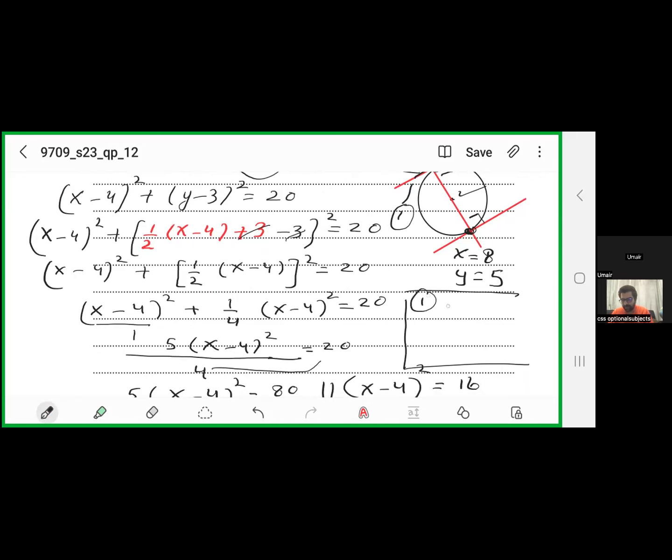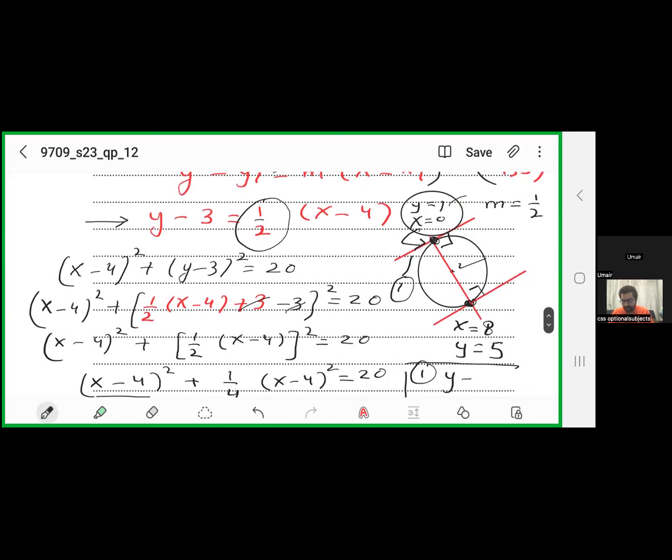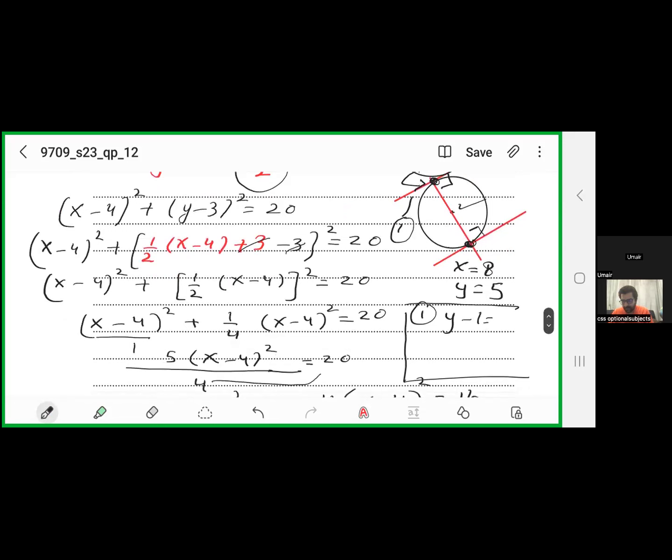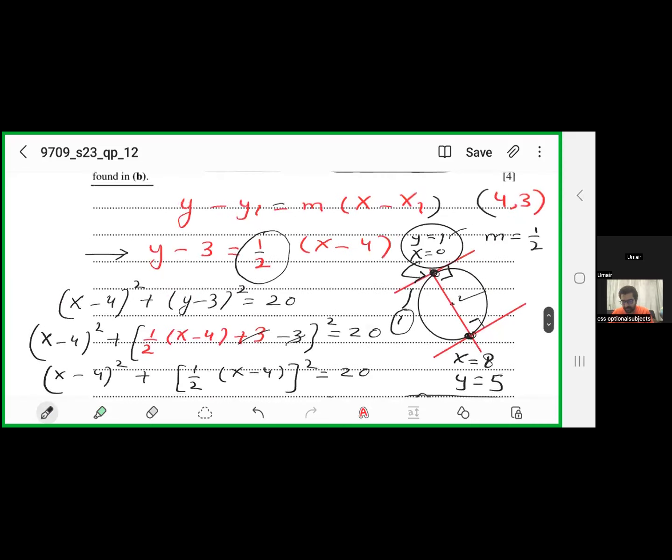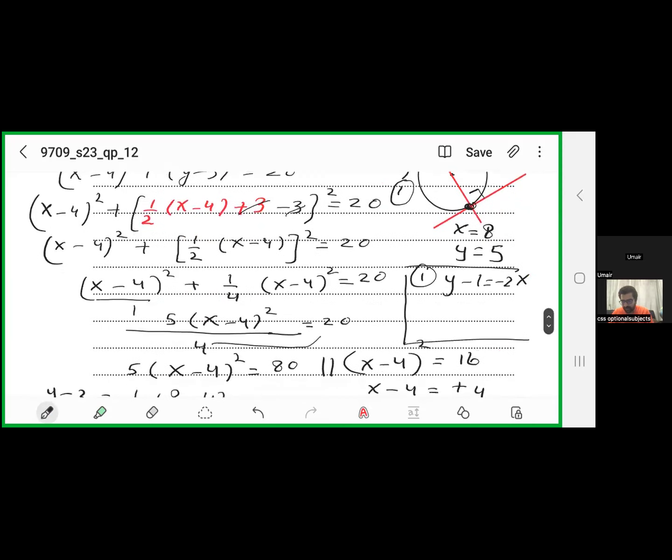So the equation of tangent number 1 is y − y1, which is 1, is equal to m, where m is −2, times (x − x1), with x1 equal to 0. So this is the equation for tangent number 1. The equation for tangent number 2 will be y − y1, which is 5, m is −2, (x − 8).